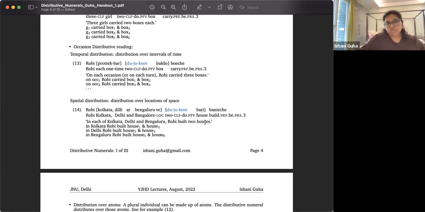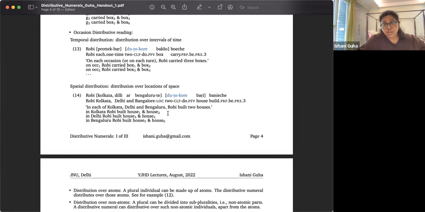So spatial distribution, this is the example that I thought of. So 14, Robi Kolkata, Delhi আর বেঙ্গালুরুতে দুটো করে বাড়ি বানিয়েছে. So Robi is a promoter, or he's a builder. So he builds houses in different cities. He's a big builder who operates in many cities. So in each of Kolkata, Delhi, and Bengaluru, Robi has built two houses. So in Kolkata, Robi built two houses.